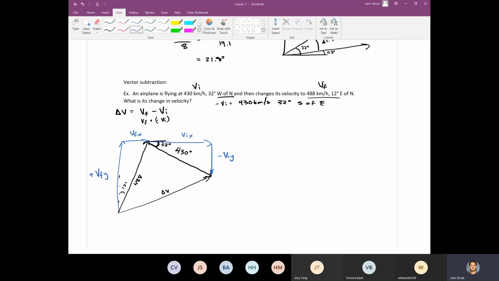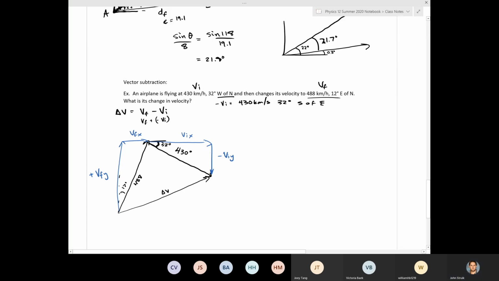I'm not going to actually solve it that way, though. I'm going to solve it using the closed vector diagram. So I have 12 degrees right here, which means that this is also 12 degrees. And then this is 58 degrees.